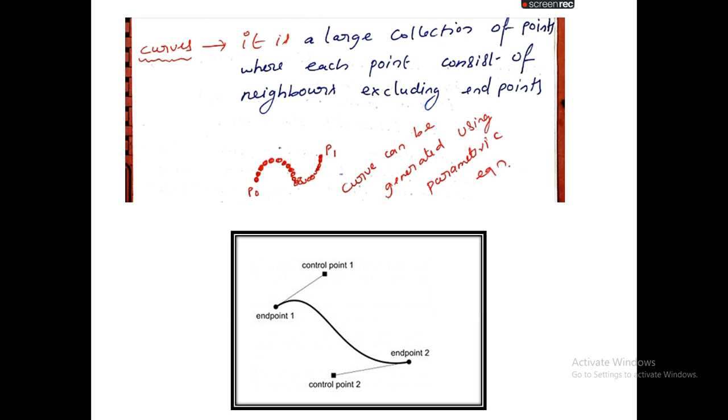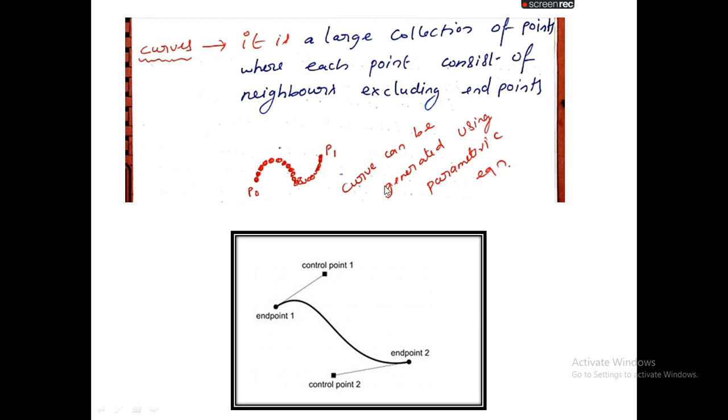But the first endpoint and last endpoint don't have any neighbors, which is why they are called end pixels. Between P0 and P1, all the pixels have neighbors, and this is the definition of a curve.